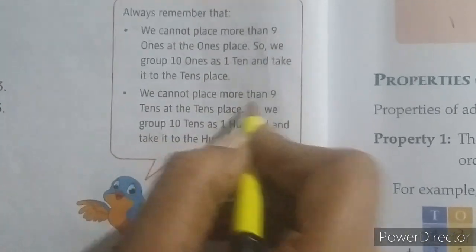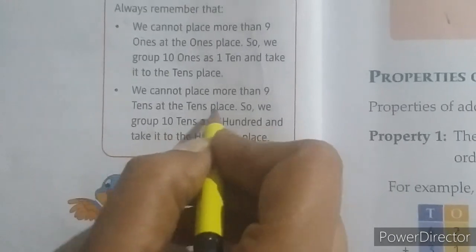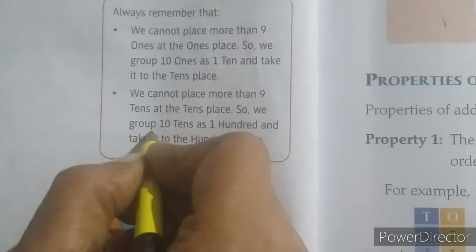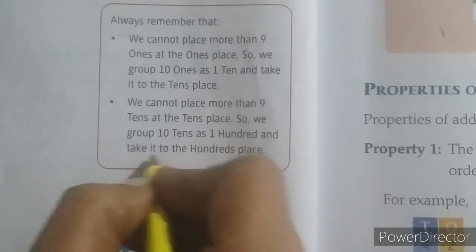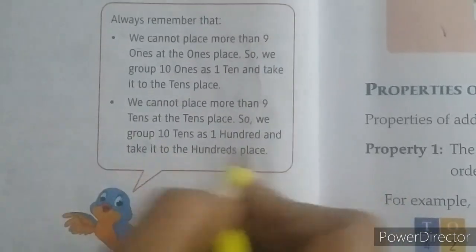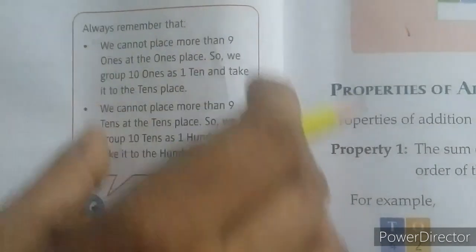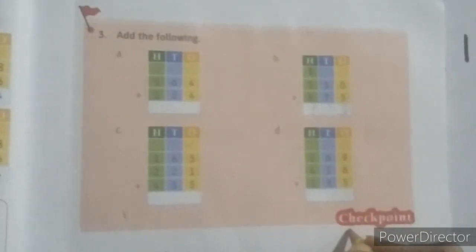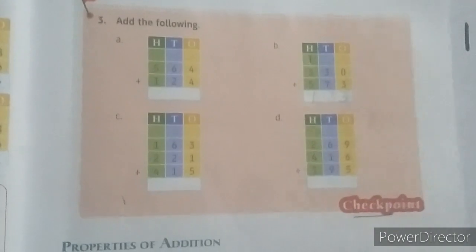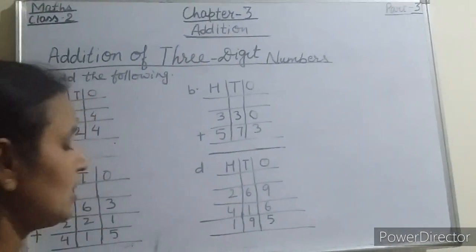We cannot place more than 9 tens at the tens place. So we group 10 tens as 100 and take it to the hundreds place. Okay students, so remember these 2 points. And here students, I am going to give you some questions from your book checkpoint. Okay. So students, start.